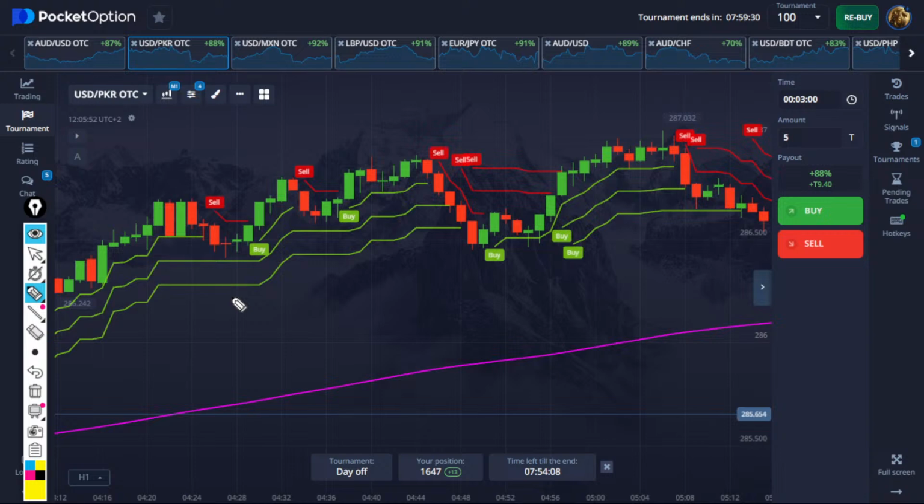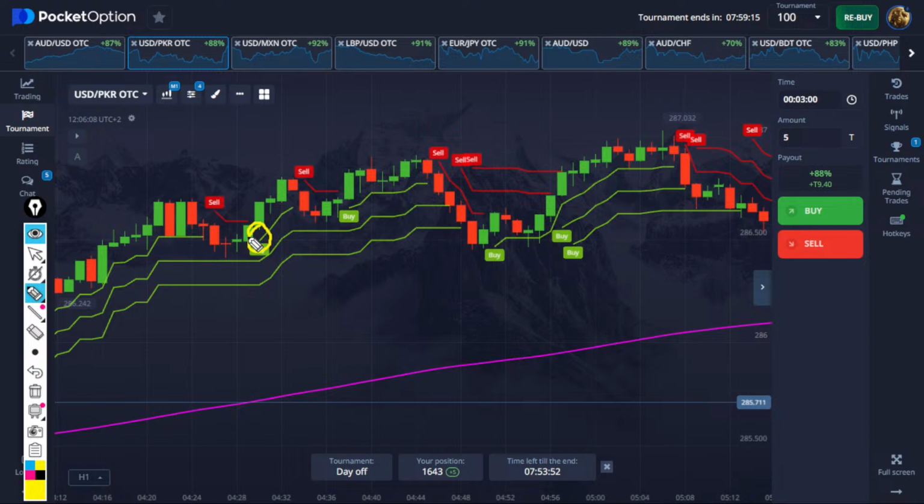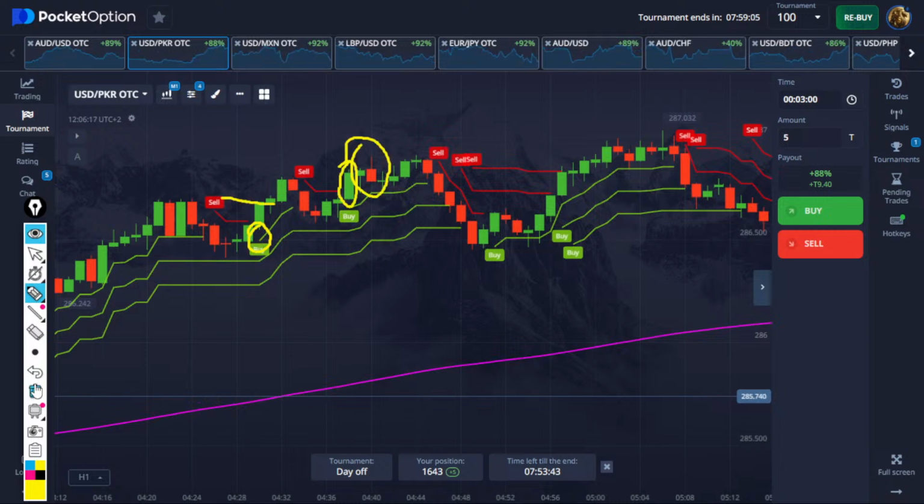So up to this point you had 2 SuperTrends, and when this green bar breached this red SuperTrend over here, you got yourself your third SuperTrend indicator. Go for a buy over here. It happened over here as well. Now this was a loss.